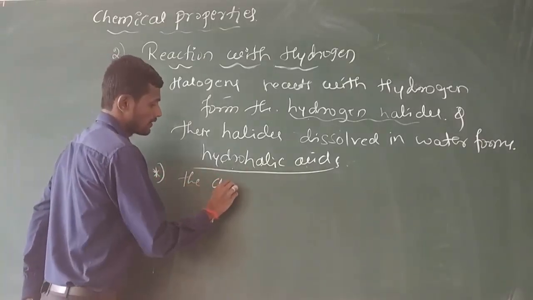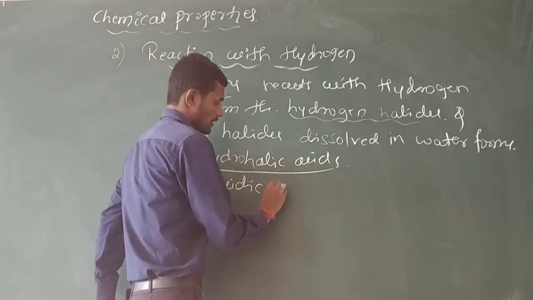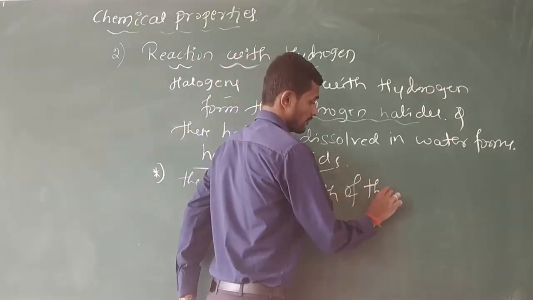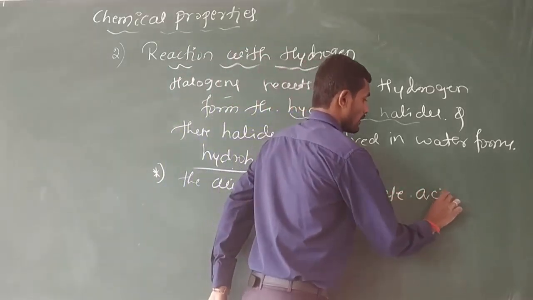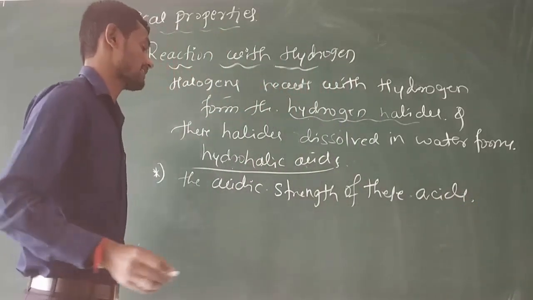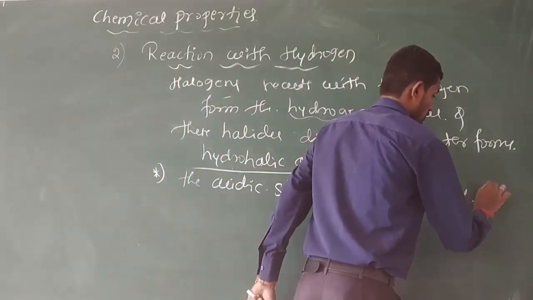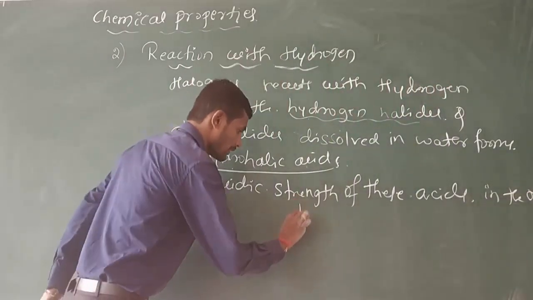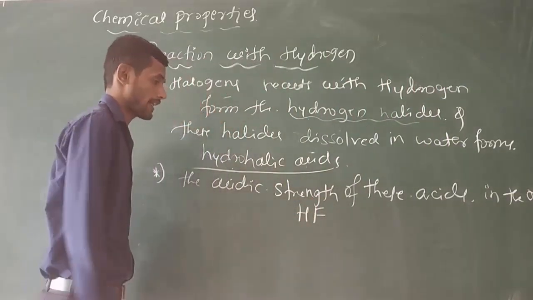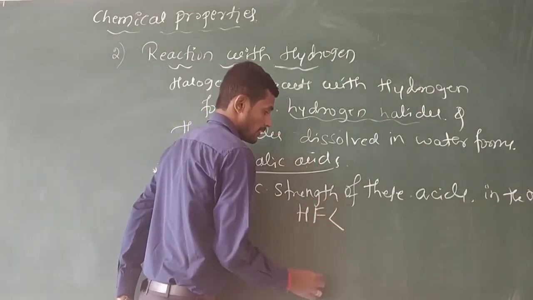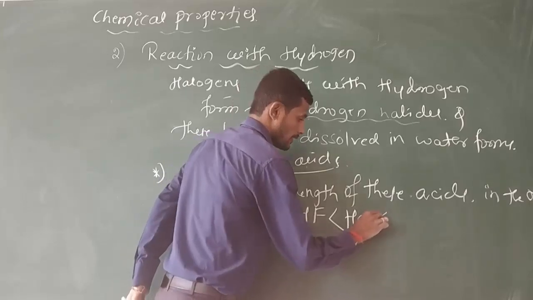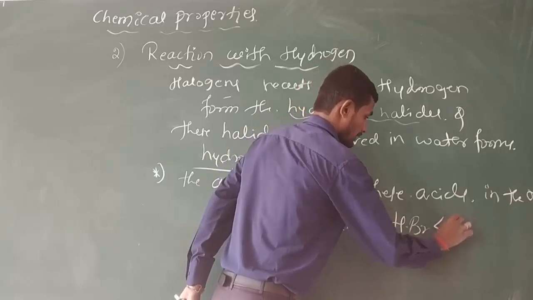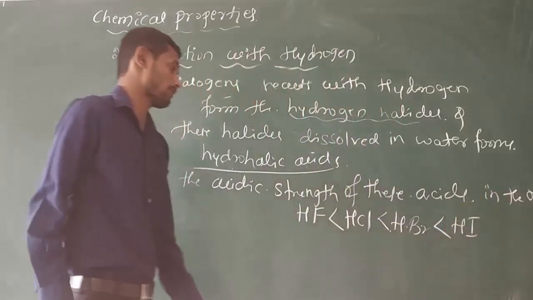The acidic strength of these acids is observed in the order of HF, hydrogen fluoride or hydrofluoric acid, is less than HCl, less than HBr, less than HI. That's a very important point, please.